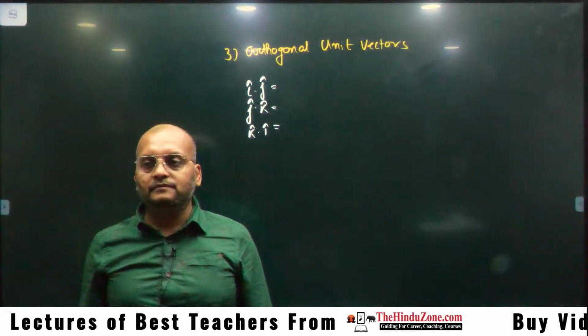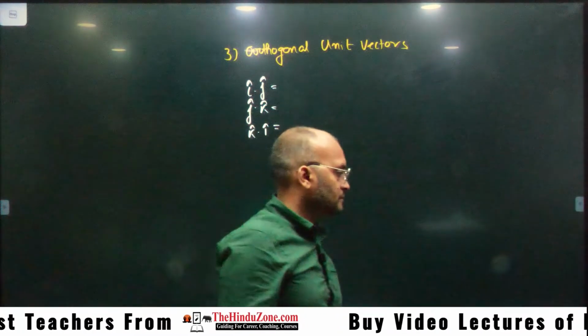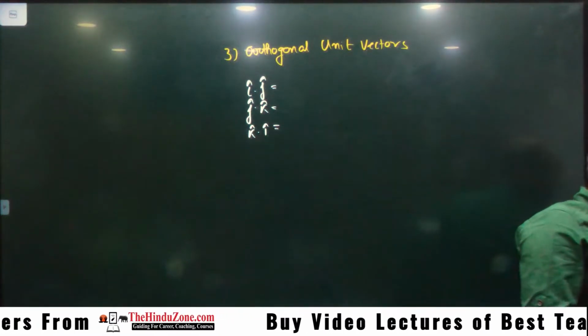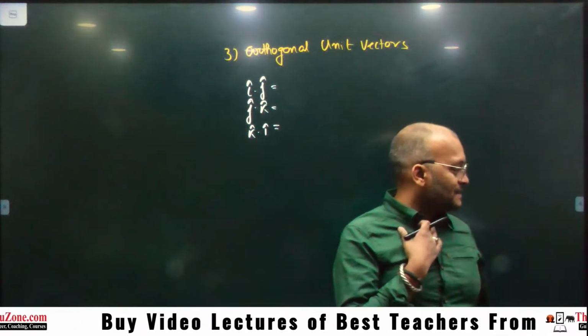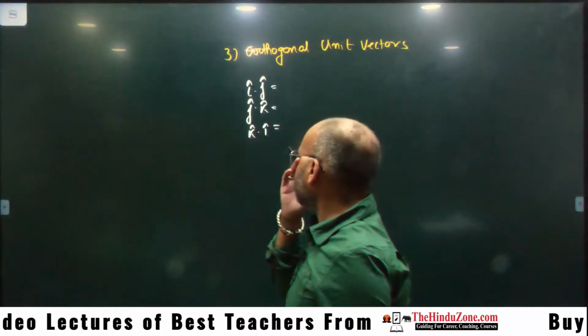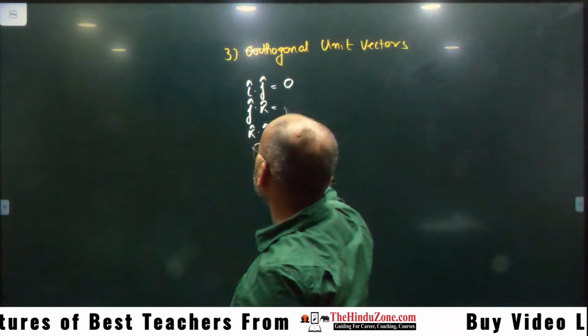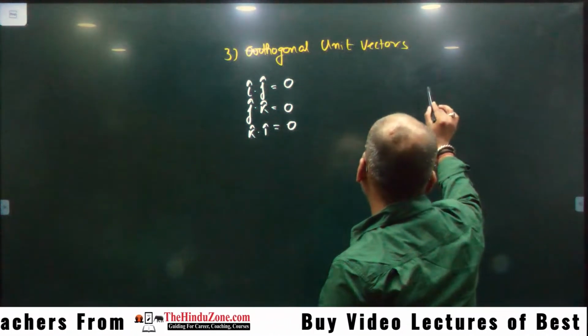Sir, i dot j equal to k cap. Yes. What is the answer, Reshma? 0. 0, good. So 0 for all. Yeah, good. Please see.